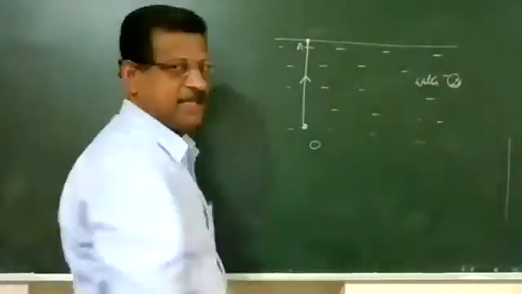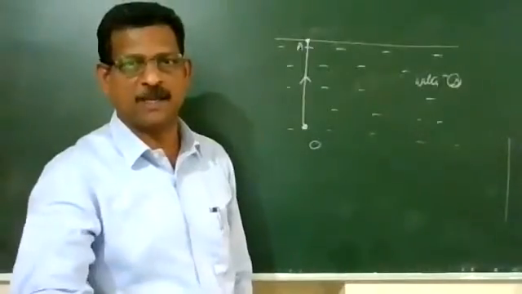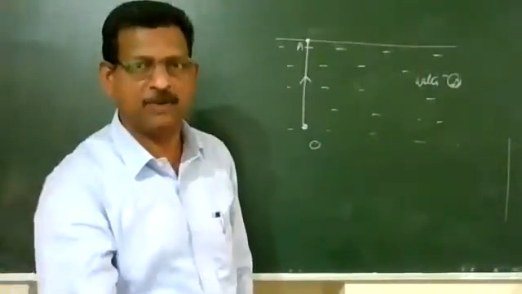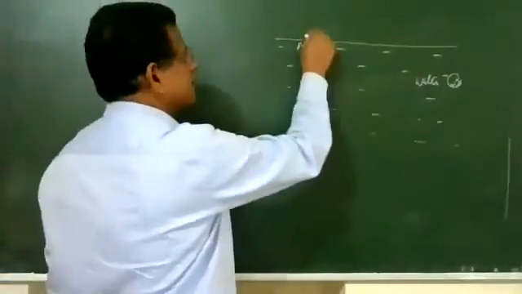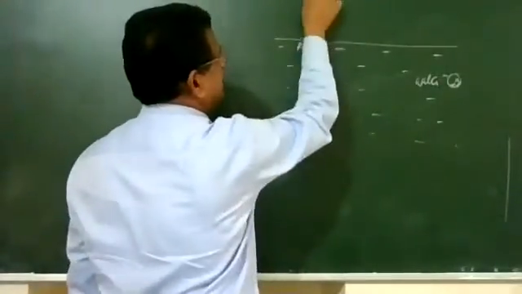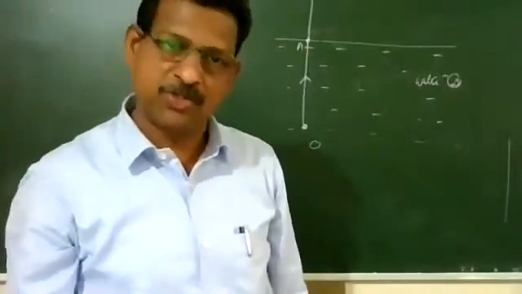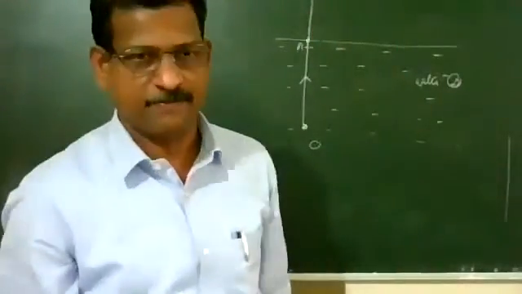That is a normal incident. So for a normal incident, light ray will not change path, it will go straight into the second medium. I is equal to 0, R is equal to 0. First ray.